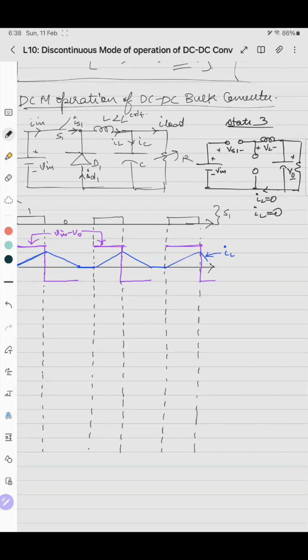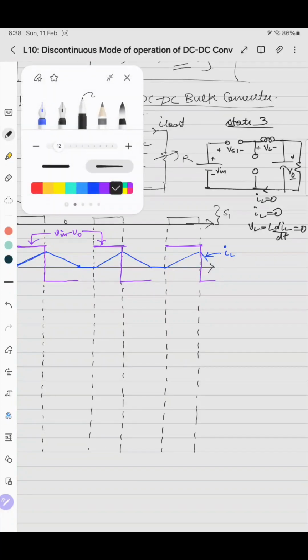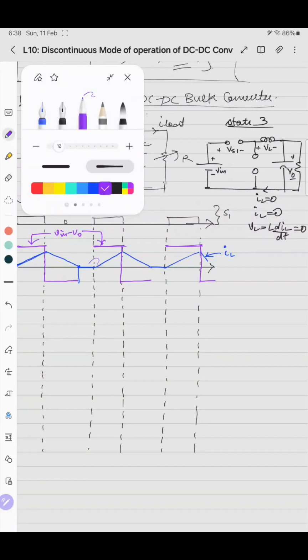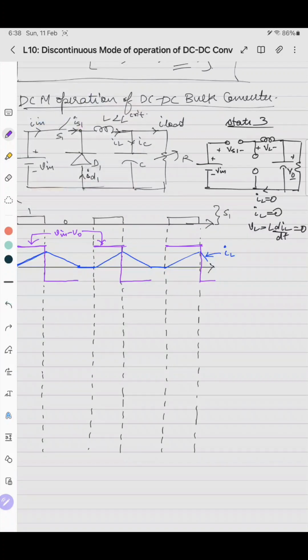Forget about the VS1 drop. VL is L dIL by dt, so it should be 0. So the voltage across the inductor should be 0. So it will be like this.